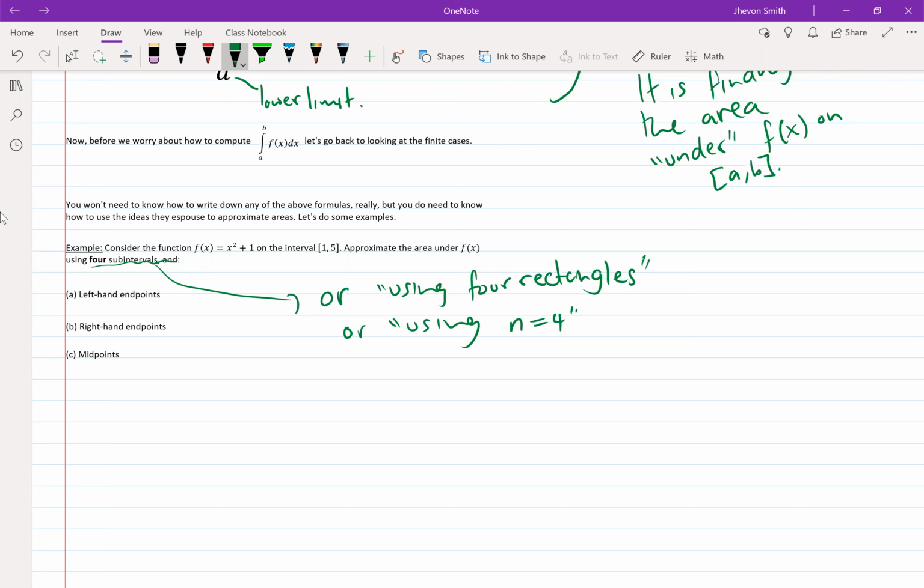Now, in general, I'm not going to ask you to do all 3 for any particular function, but I'll actually like one of these. But I want us to do all of these so that you can see an example of how each one would actually look, right? So this is the important thing. This is the example that you're actually going to need to be able to do and reproduce.